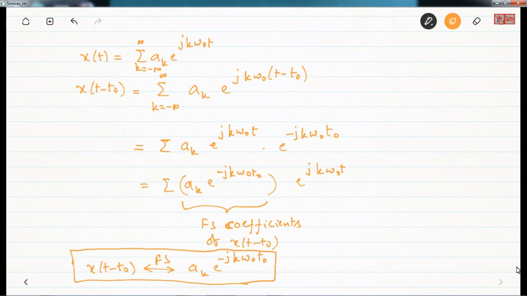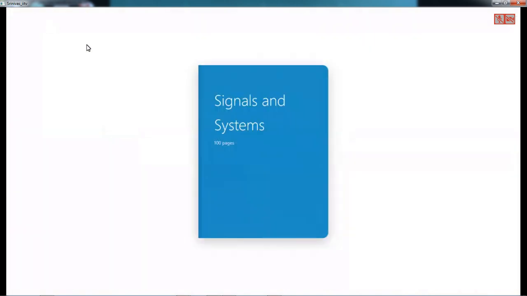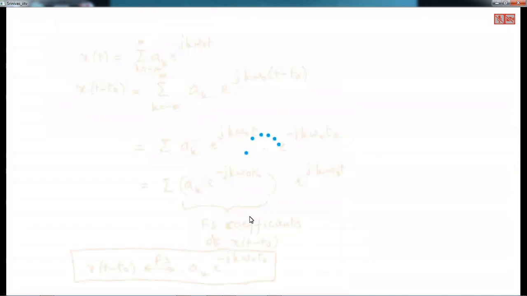Okay, I have run out of pages in these notes. This digital notebook will give me only 100 pages, so I think all the 100 pages are over, but it's okay. I can save this and erase this.